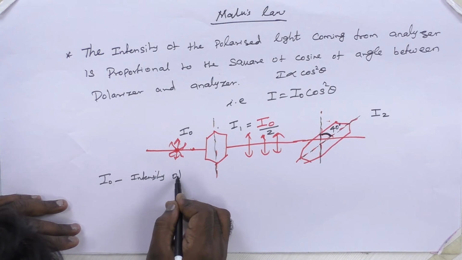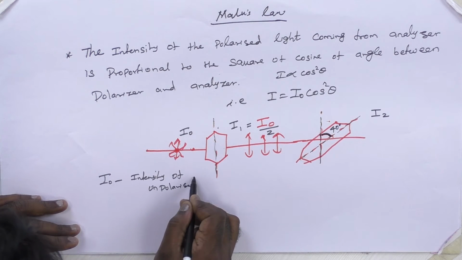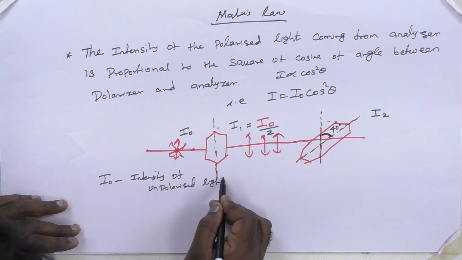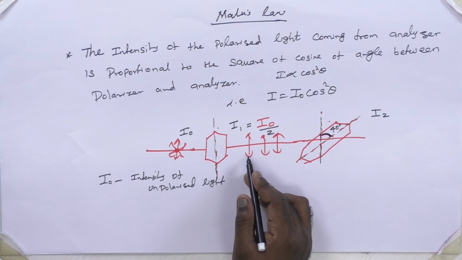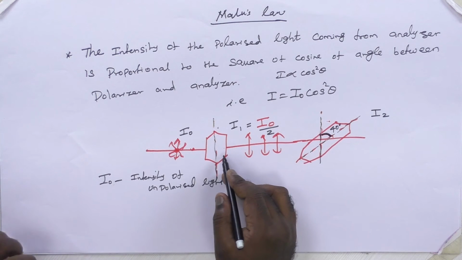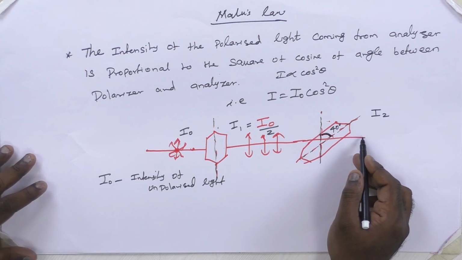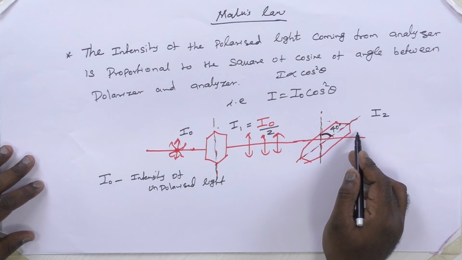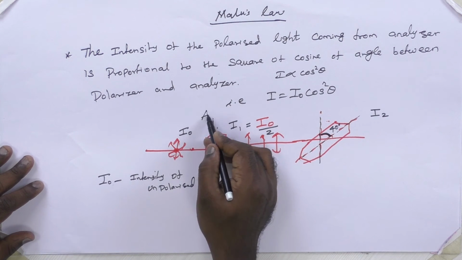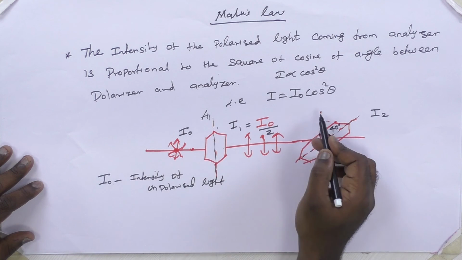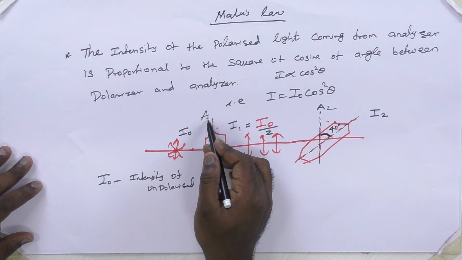I1 is the intensity of plane polarized light from the polarizer, and I2 is the intensity of plane polarized light after coming from analyzer 2. This is analyzer 1, this is analyzer 2, or you can say polarizer also.